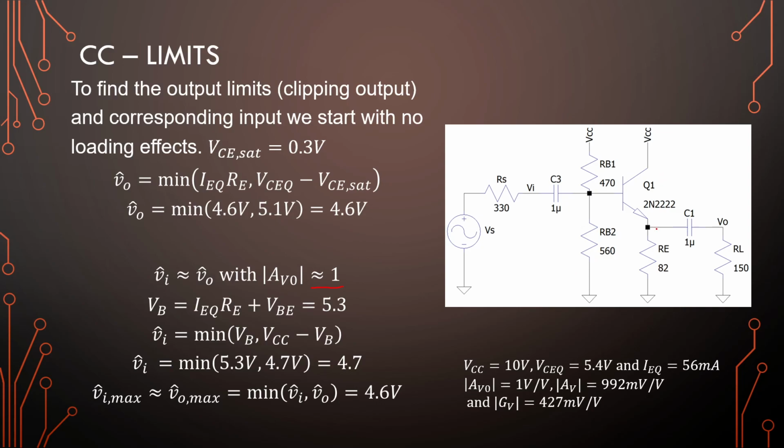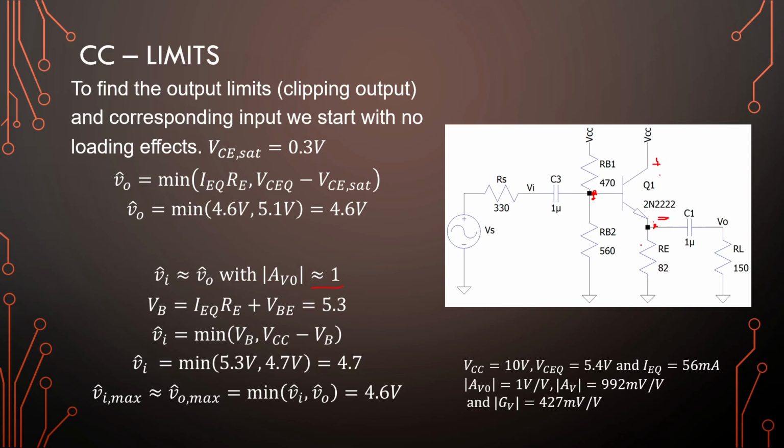So for this problem, it was determined that VCE is 5.4 volts and IEQ is 56 milliamps. So the method is a bit the same as the previous ones. We just want to have a look at the DC points here on the input and output to determine our maximums at first. So we want to look at our VCE.